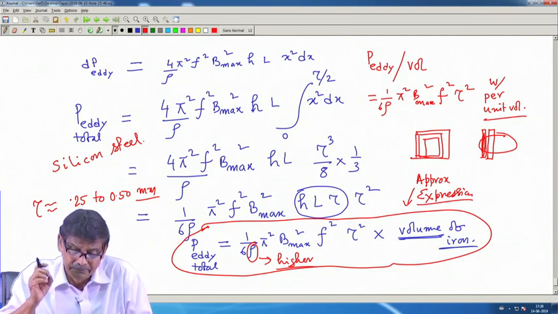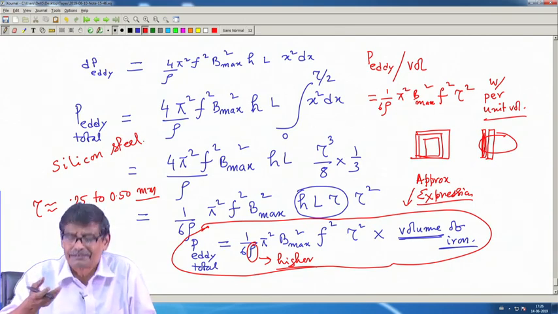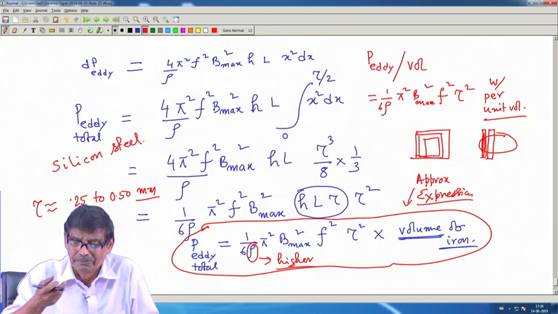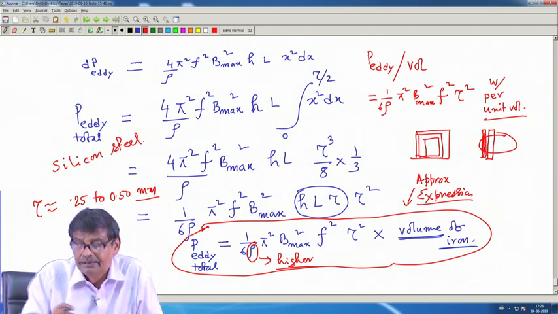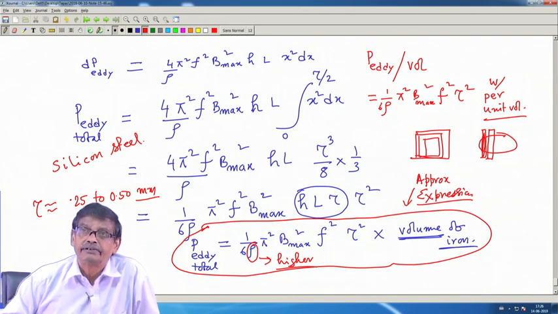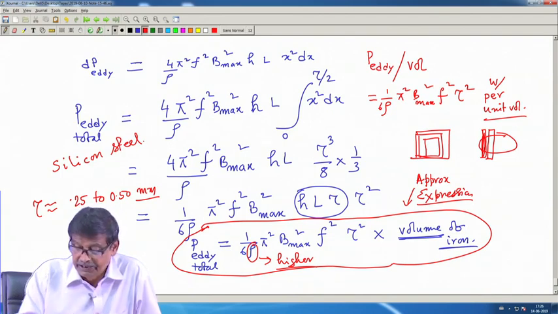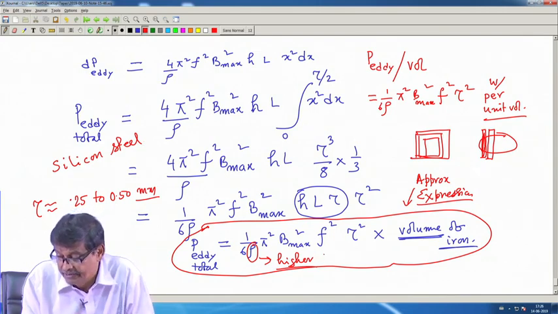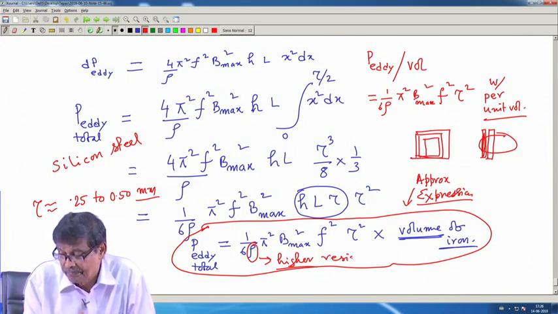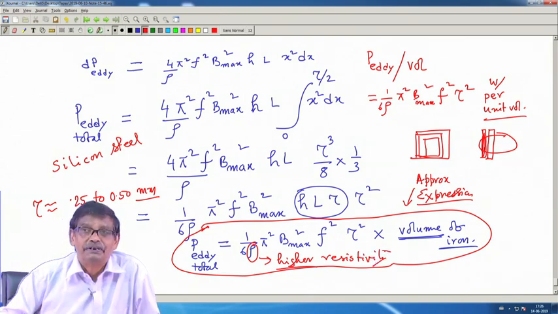Add some small quantity, exact percentage I don't remember, you can see a design book, add silicon to ordinary iron steel and make a special type of iron which will give you higher resistivity to reduce the loss.